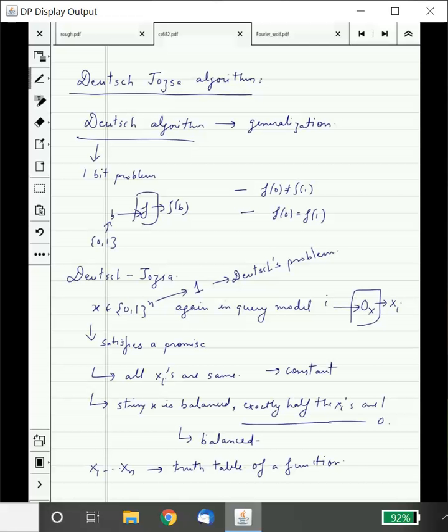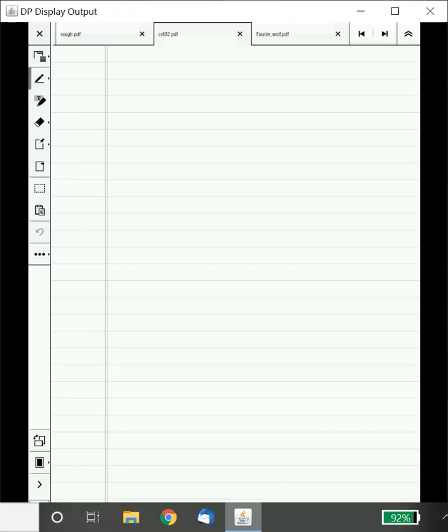I have not mentioned it, but remember we are taking n equal to 2 to the power k. And in that case, this will be a truth table of a function from {0,1}^k to {0,1}. We know that our string x is constant or balanced.